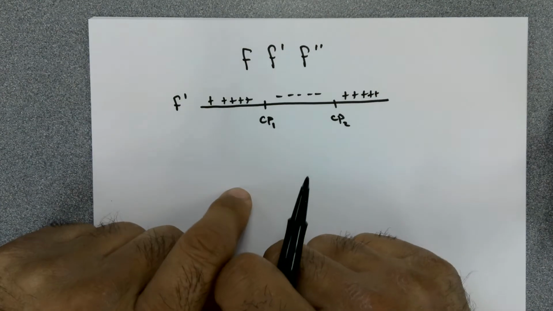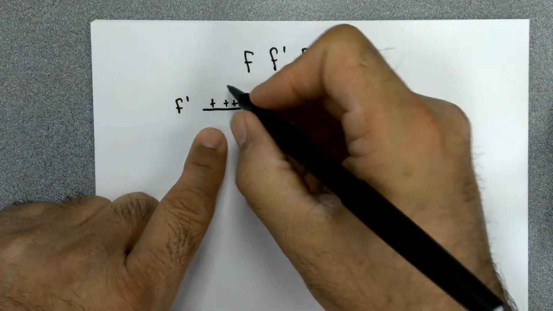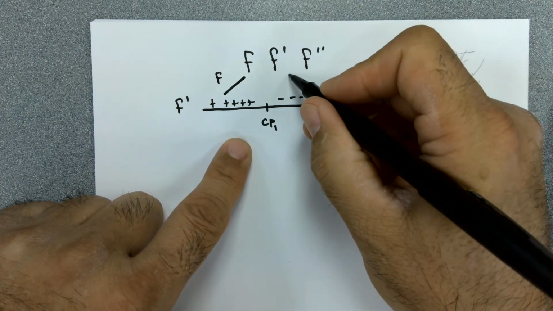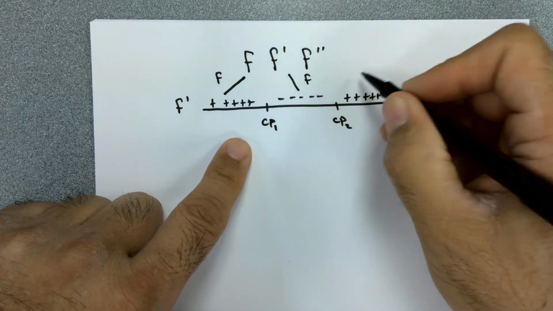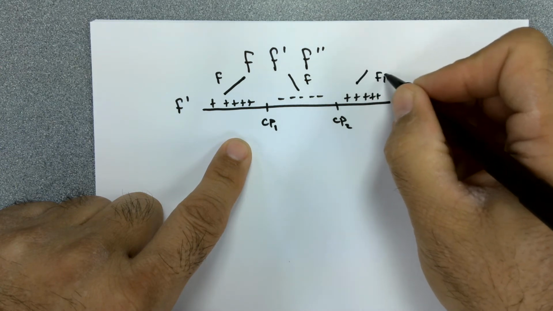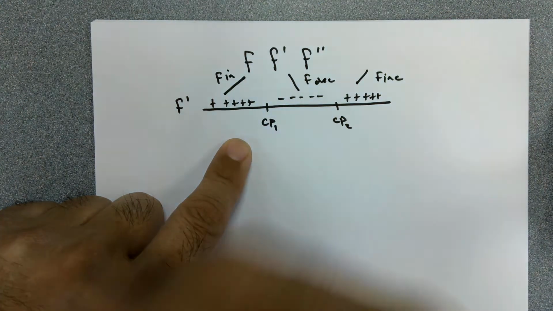What this is going to tell us is about our original function. What this says is f is going to be increasing here, and f is going to be decreasing here, and f is going to be increasing here. So we have increasing, and then decreasing, and then increasing.